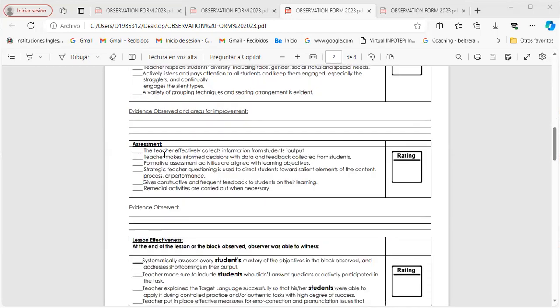Assessment. If you decided to observe how the teacher assesses learning, check these criteria. The teacher effectively collects information from students' output. When students speak or talk, teacher is paying attention to make a final decision.